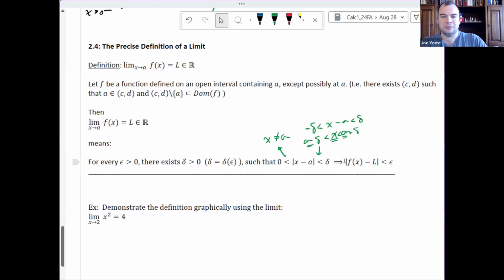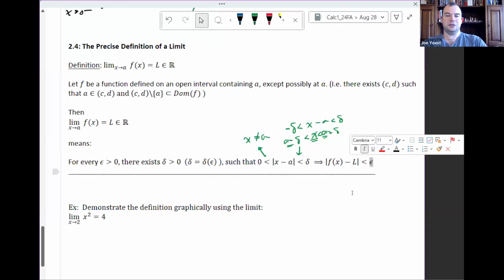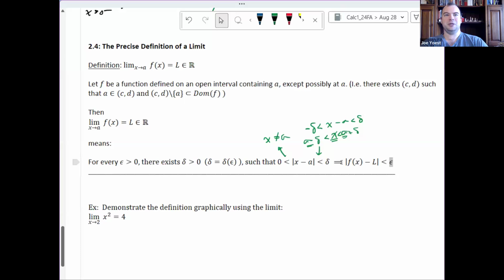So what am I saying? I'm saying basically in mathematical symbols what I said in words above. I can make the output of f as close as I like to L, within epsilon units of L, for whatever epsilon you choose. It could be 1 or 0.1 or 10 to the minus 10. I could make the output of my function that close to the claimed value of the limit by choosing values of x that are sufficiently close to a, within delta units of a, but not equal to a.